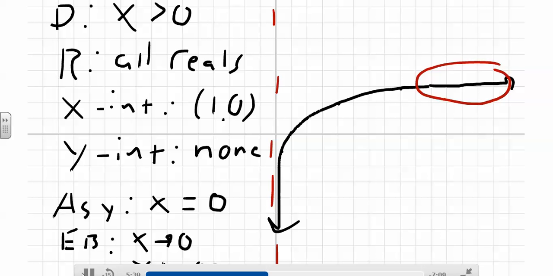The right end is a little more traditional: as x goes to infinity, y goes to infinity. One of the interesting pieces with this one is that the left-side end behavior has to do with the asymptote. There are arrows on both ends, but one doesn't go left forever. It approaches that vertical asymptote. All right, so there's our graph. The general shape is going to look like this, and we're going to do one more example for us.